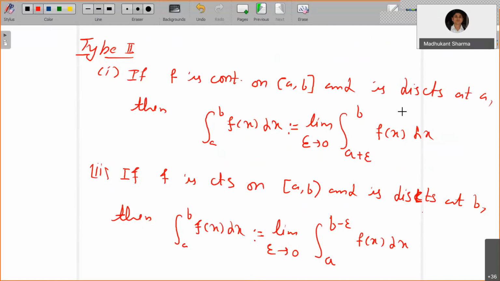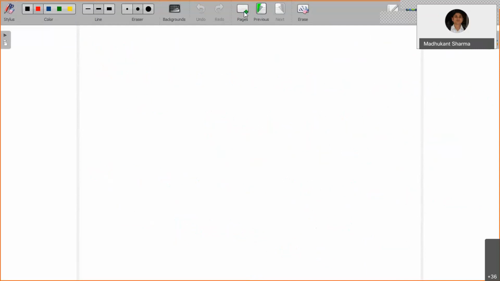Now similarly for the third case: suppose f is continuous everywhere on the closed interval [a, b] except at one point.